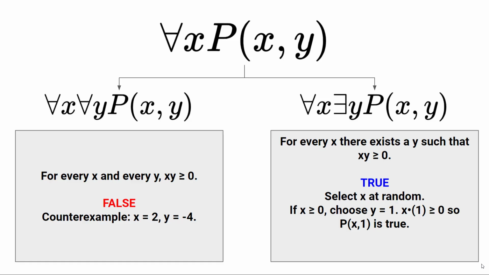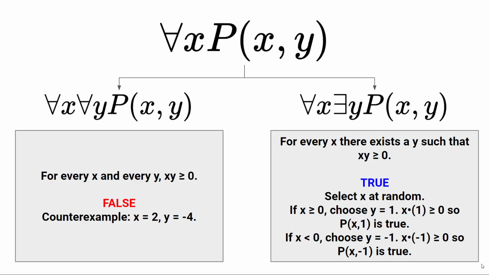Now, if your x was negative, choose y equals negative 1. Since x was negative, x times negative 1 is positive, so P of x, negative 1 is true. Therefore, for every x you might choose, no matter its value, I can find a y value. There exists a y value that makes P of x,y true.